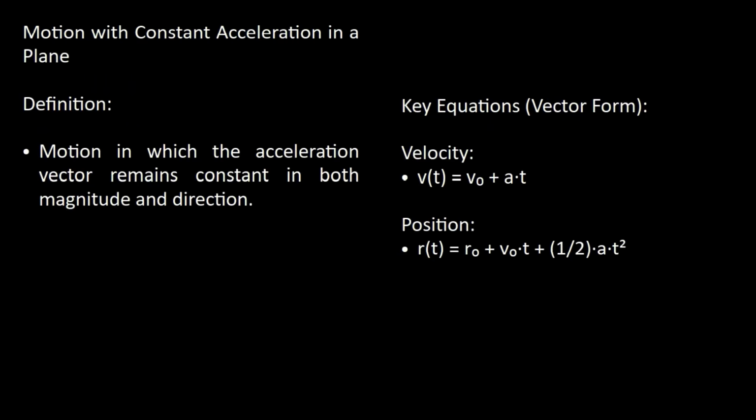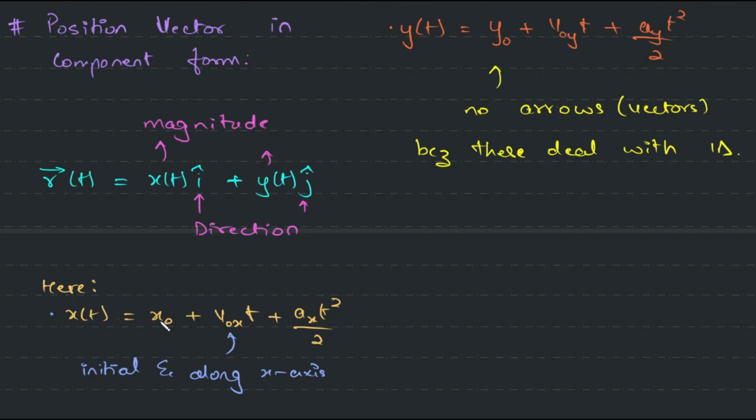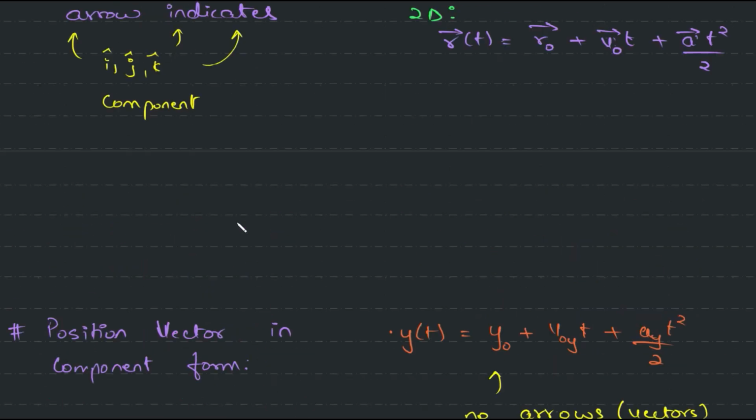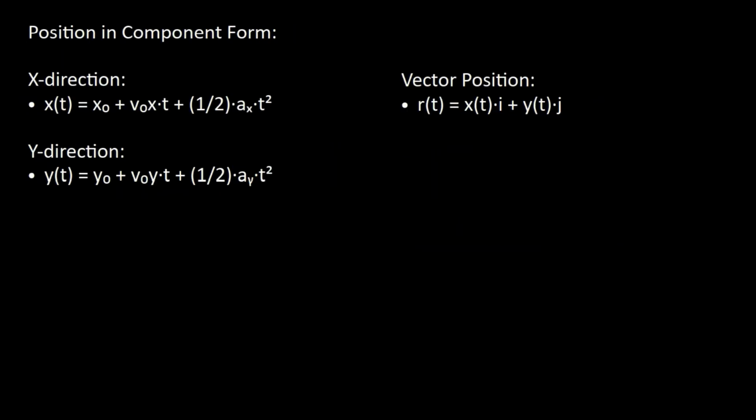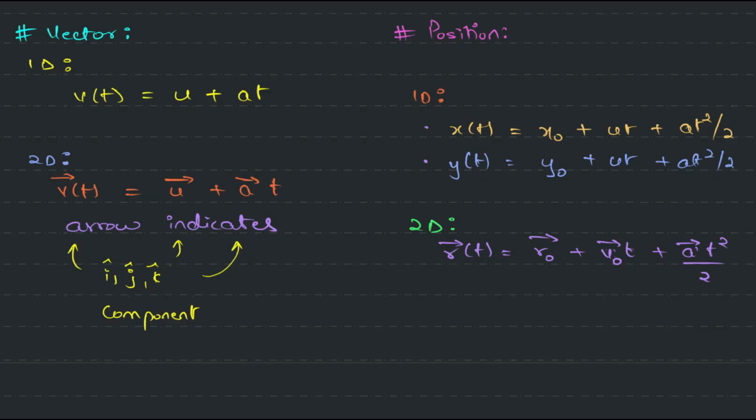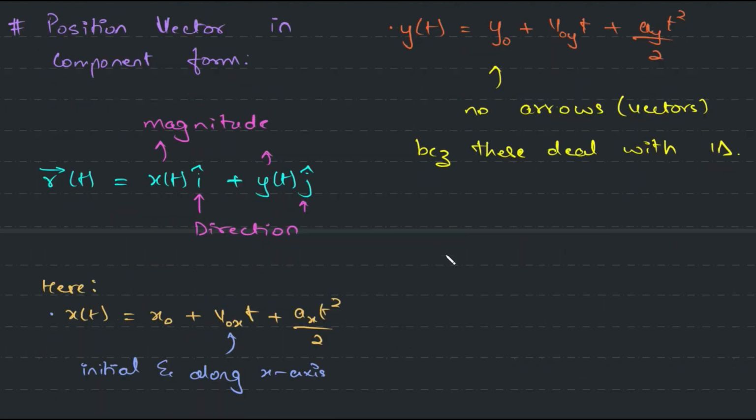So we started off with accelerated motion over here with a constant acceleration, that is. So in general, we can write these equations. And then we started looking into component form. They started looking a bit complicated.